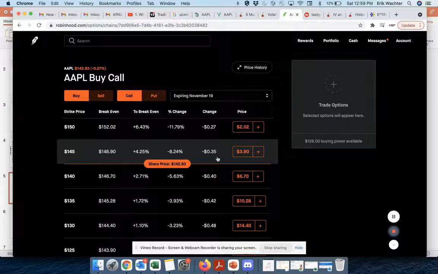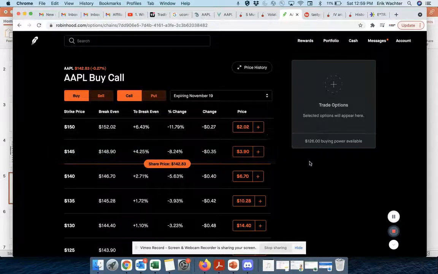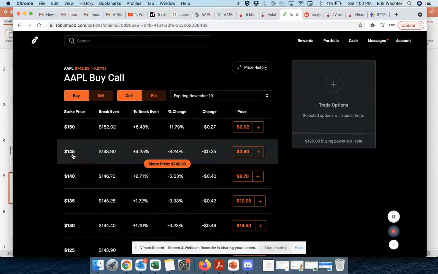If we want to make money at expiration, not only does the price of the stock have to reach the strike, but it has to reach the strike plus the premium paid for the right, but not the obligation, to buy or sell 100 shares of Apple. Okay, so you take the strike, add the premium, so 145 plus 3.90 gives us 148.90. Okay, so that's our break-even if we're buying a call.